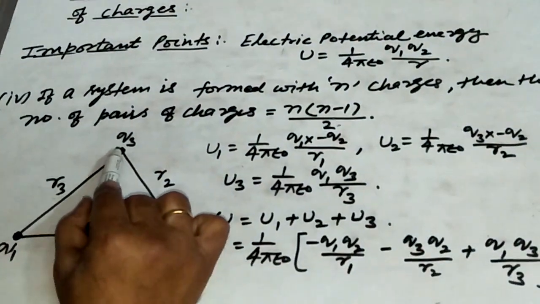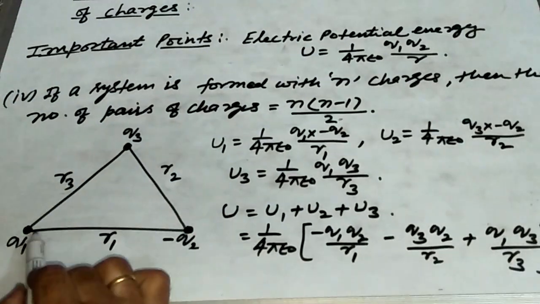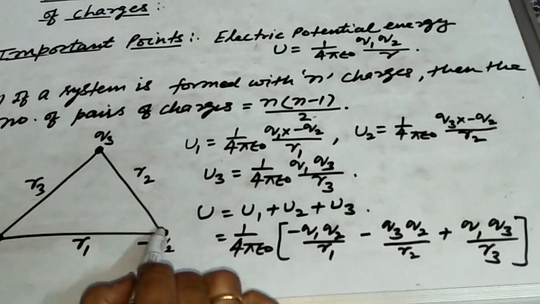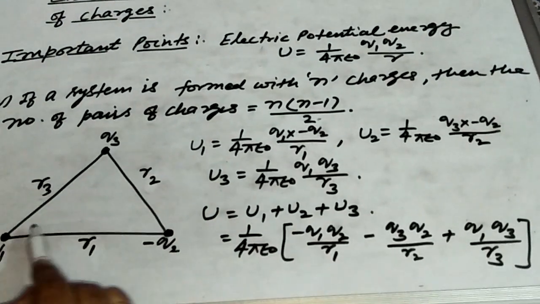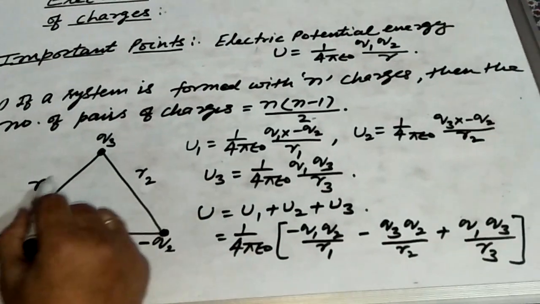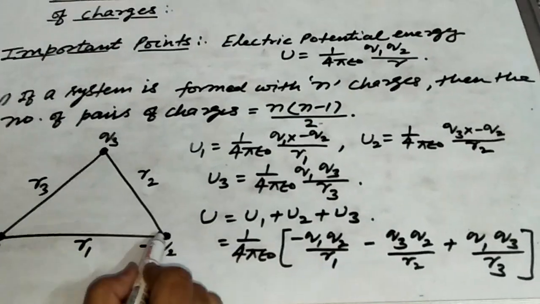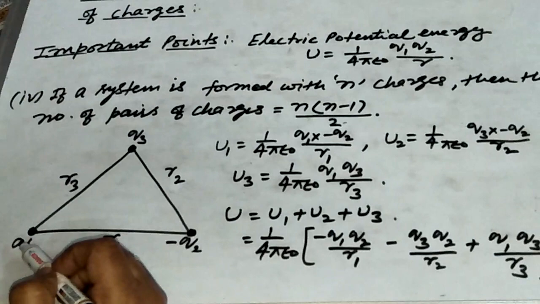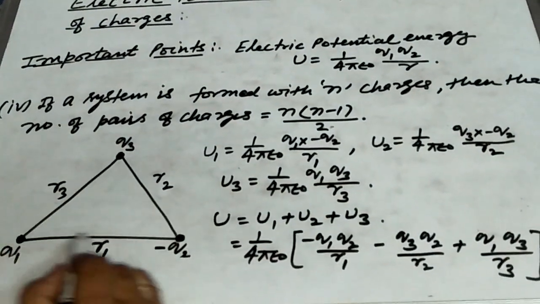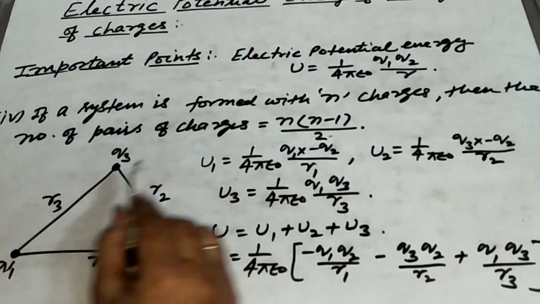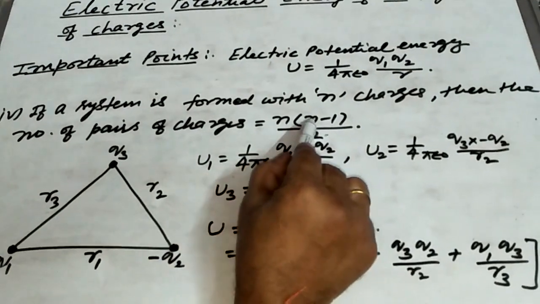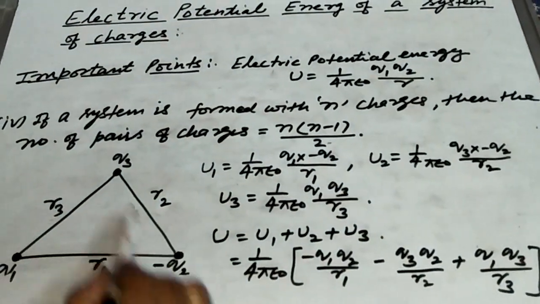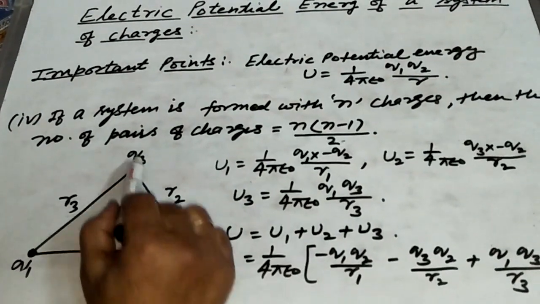For example, here suppose three charges Q1, minus Q2 and Q3 are placed at the vertices of a triangle, and suppose R1, R2 and R3 are the distances between Q1 and minus Q2, minus Q2 and Q3, and Q1 and Q3. So how many pairs will be formed in this system of charges? First we calculate n into n minus 1 by 2. The total number of charges here is 3: Q1, minus Q2 and Q3.